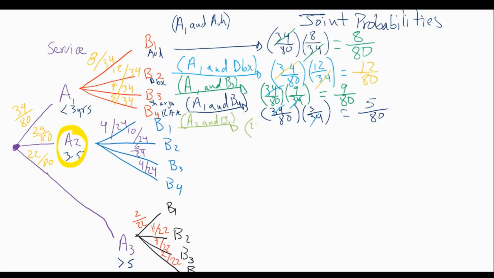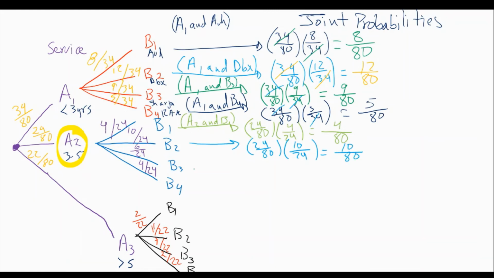Okay, which is 24 divided by 80 times 4 divided by 24. Okay, 24s go away, cancel each other out, which means 4 divided by 80. Okay. Next one is 24 divided by 80 times 10 divided by 24. Again, 24 cancel each other out, which means 10 divided by 80.